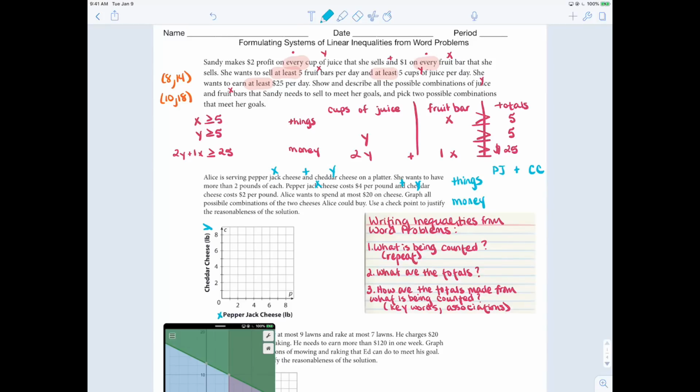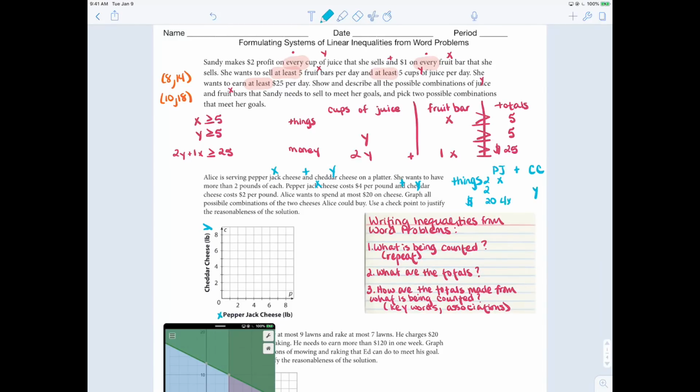And I see the things need to be no more than 2 pounds of each. So we've got a total of 2 here, the total of 2 for the pepper jack, which is X, and we've got Y here, and then money is $20 at most, with $4 per pound. Let's do this with money.